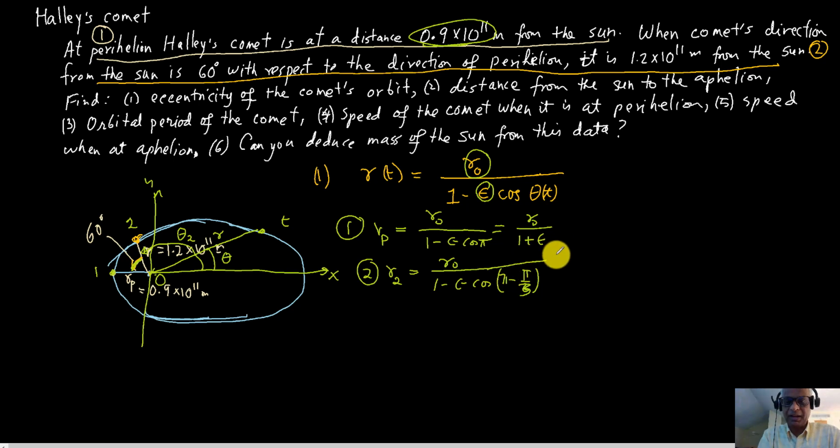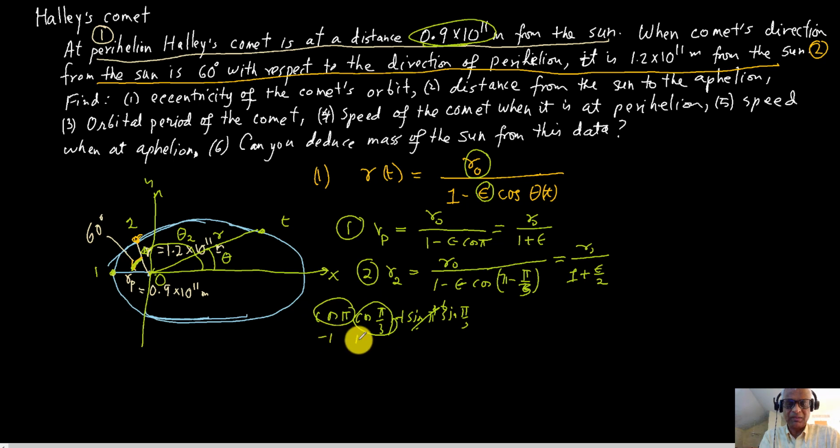Now if I expand this, I'm going to get r0 over 1 plus epsilon over 2. You can expand cosine of pi minus pi over 3: cosine pi cosine pi over 3 plus sine pi sine pi over 3, and sine pi is 0, cosine pi over 3 is half, and cosine pi is minus 1, so that's why I get that.